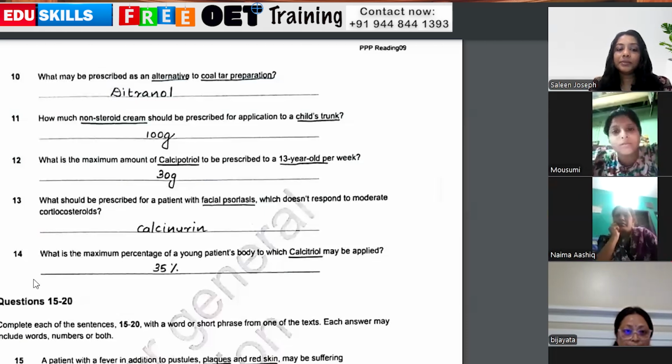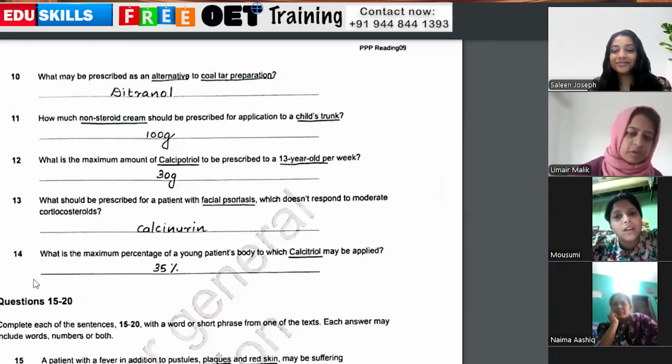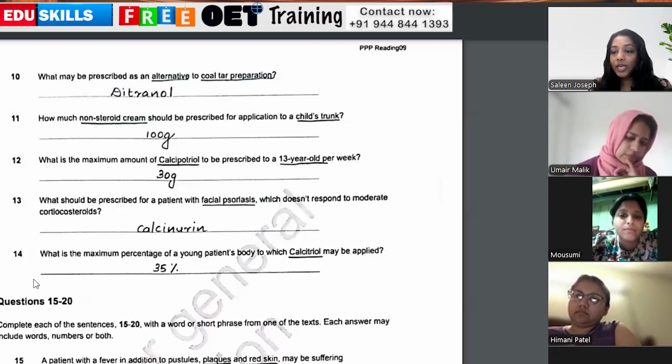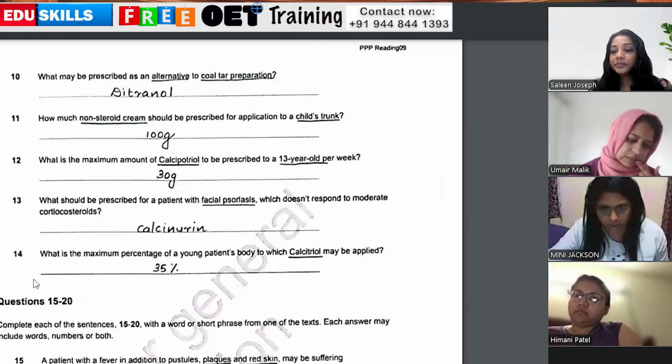Now, 11th question. It should be 400 grams. Instead of 400, I've written 100 gram. Why? Because it's non-steroid, ma'am.